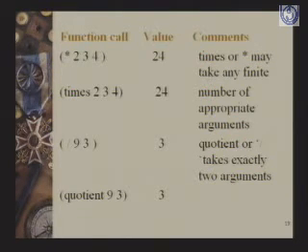Here there are 3 arguments, 2 followed by 3 followed by 4, and because the first symbol is star which represents multiplication, the 3 arguments 2, 3 and 4 are to be multiplied. You know, 2 multiplied by 3 gives 6, multiplied by 4 gives 24. But star may also be represented by the word TIMES.